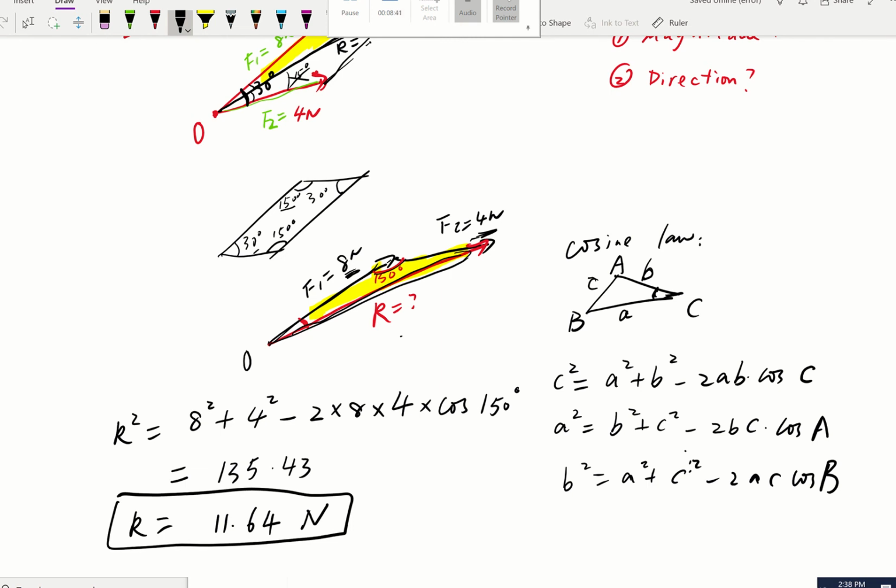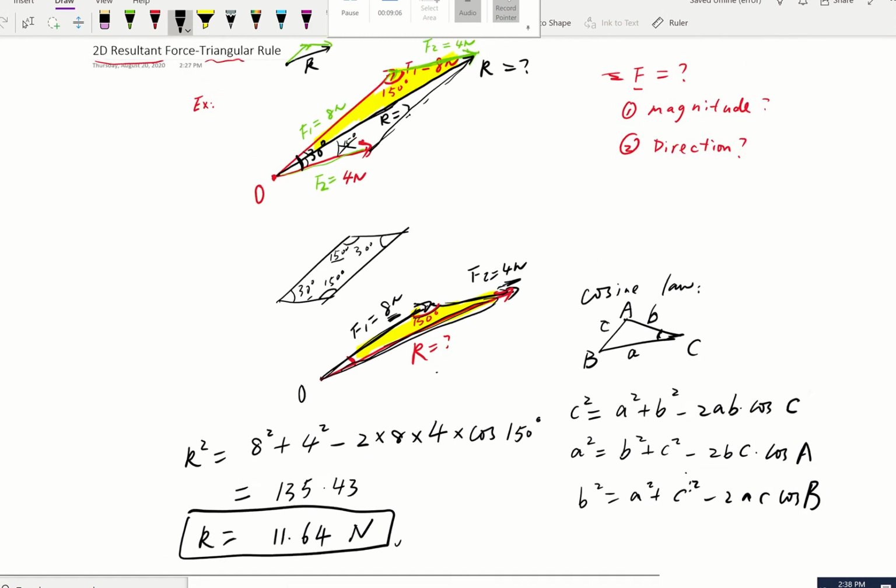The magnitude of this resultant force is 11.64 Newton, right? And you can verify it because this force is 8 Newton, this force is 4 Newton, and this 11.64 looks right proportionally. You can use that picture to help you verify if your answer is in the ballpark.